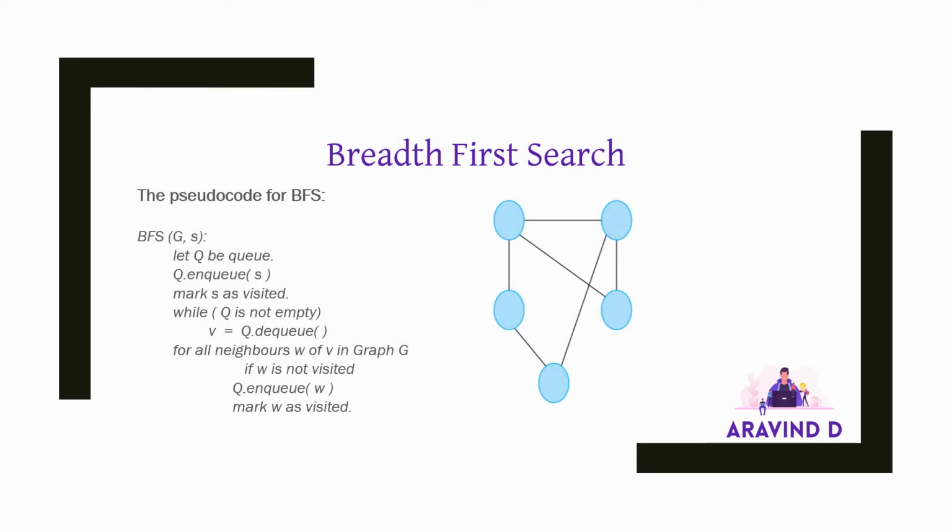So this is the pseudocode for breadth first search. So let queue be the queue.